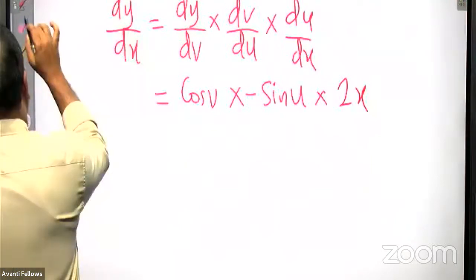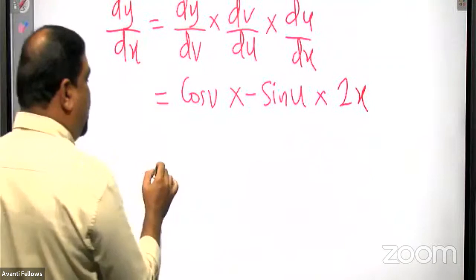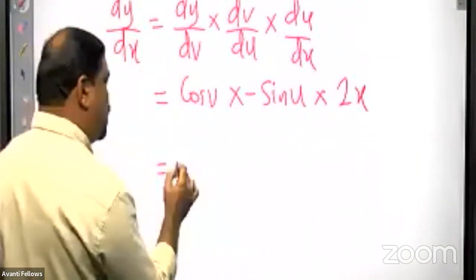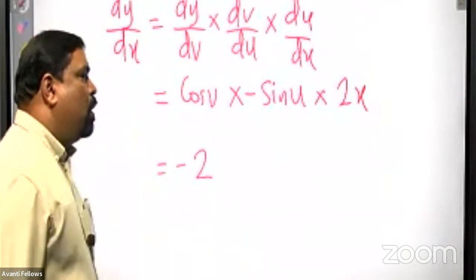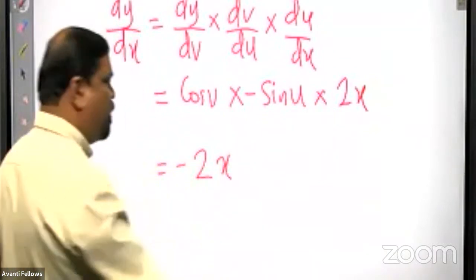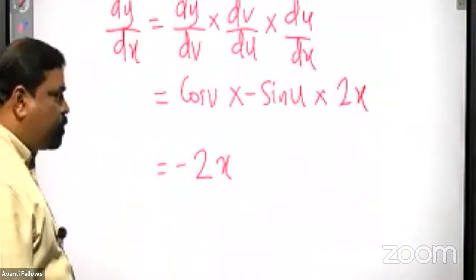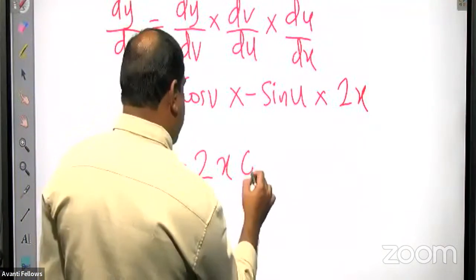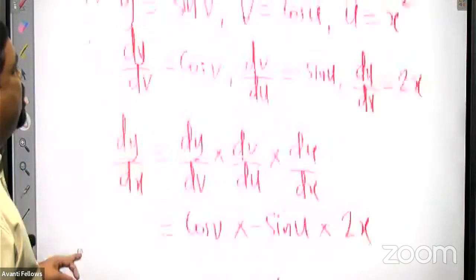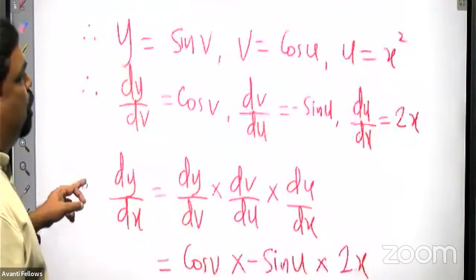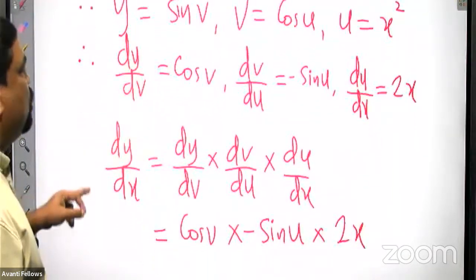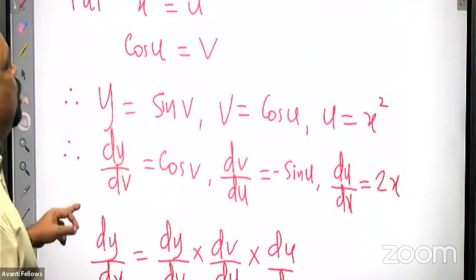So this can be again brought back into our original variable. So if minus is there, you can put in the beginning. If any constant is there, that also can be written in the beginning. So minus 2, right in the first, and again x is there, x also can be written in the first. So minus 2x into cos of, what is v? V is equal to cos u, and u is equal to x square.